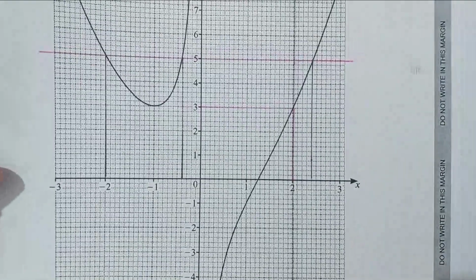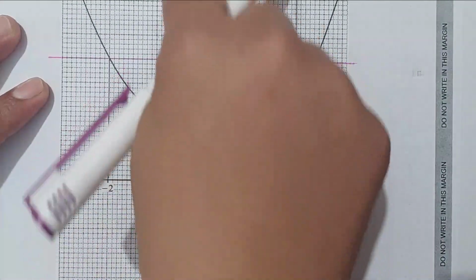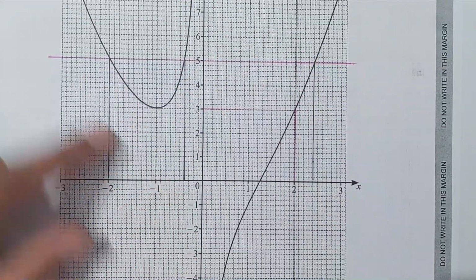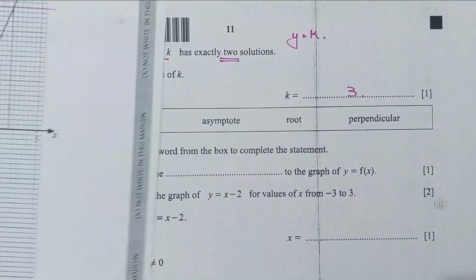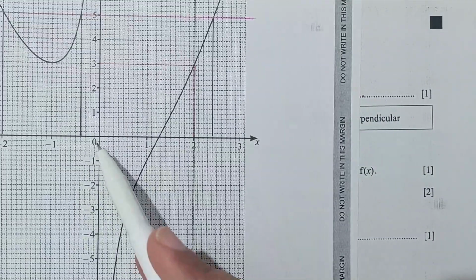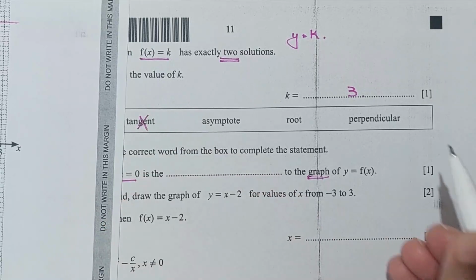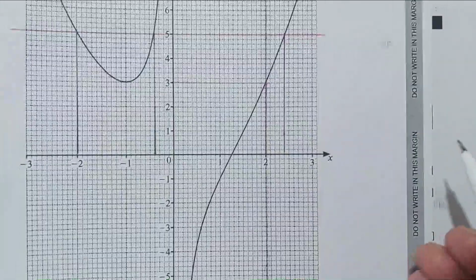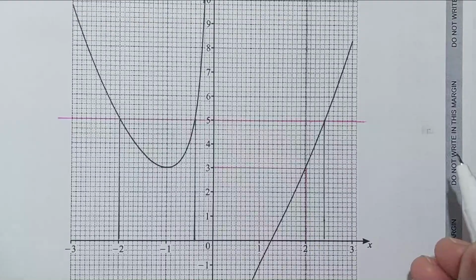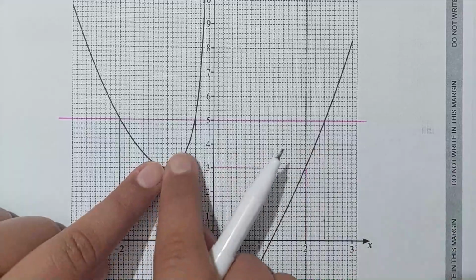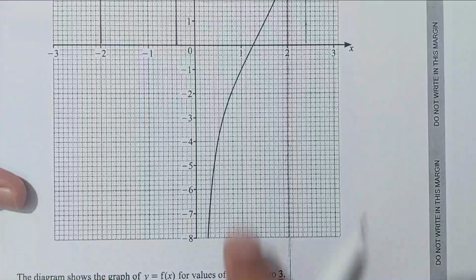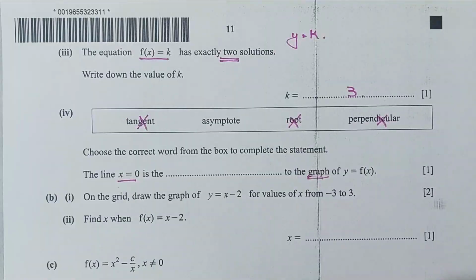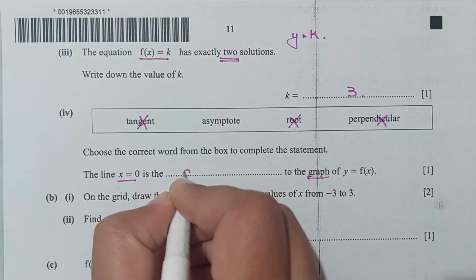This line x equals 0 is not a tangent to the graph, not a root, and not perpendicular. It is the asymptote. The graph approaches x equals 0 but does not touch it, so that is the asymptote.